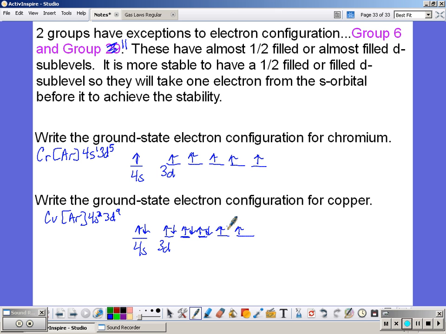So copper actually takes one of its electrons from the 4s and fills the 3d. So we'd have to go back up to our electron configuration and change that to say 4s1, 3d10. So those are actually the ground states for groups 6 and 11 because they're more stable that way.